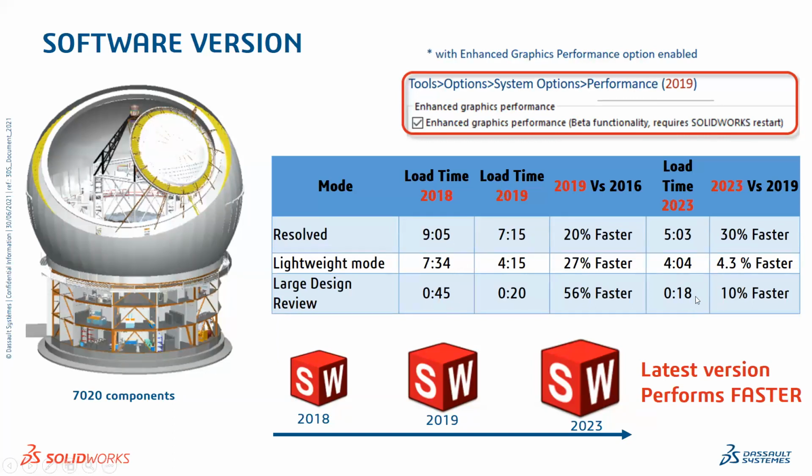Here, the latest one in 2023 takes just 18 seconds to open the complete 7,000 component assembly. If you get a chance, I would always recommend going for an updated version of SolidWorks, because the latest version will always perform faster.